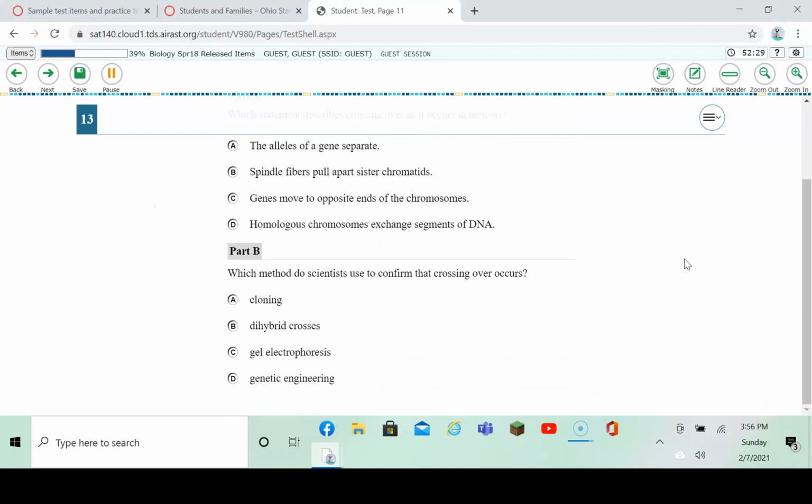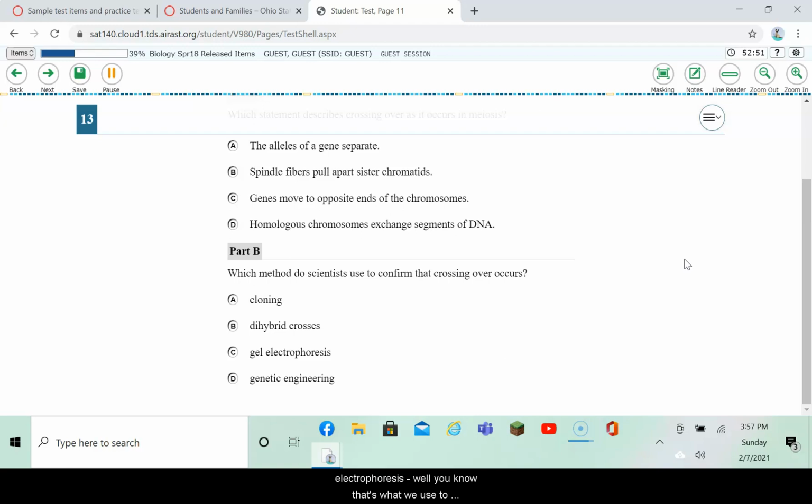Part B, which do scientists use to confirm that crossing over occurs? Well, this is where we use the process of elimination. A, cloning. Well, that's just duplicating things, right? Making genetically identical individuals. Let's go to C, gel electrophoresis.